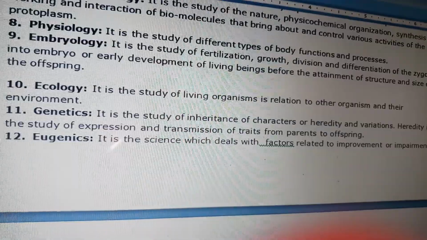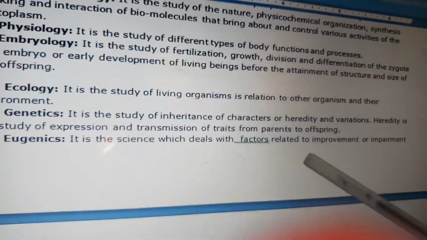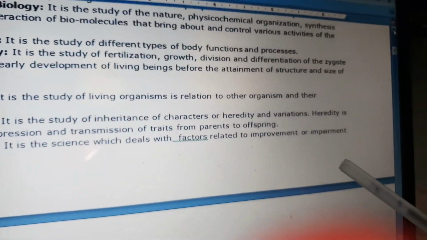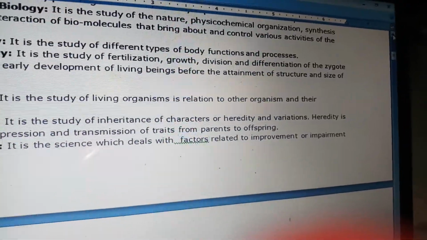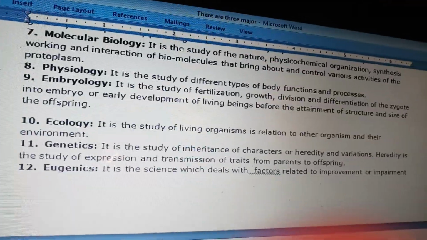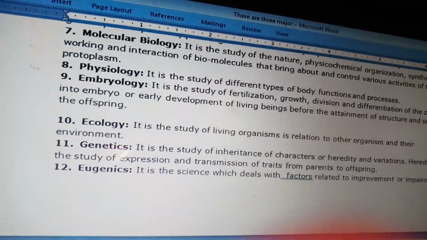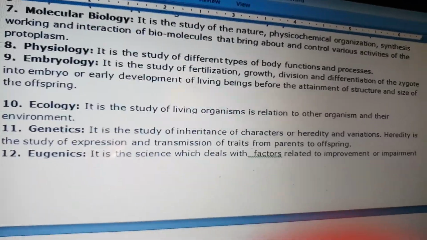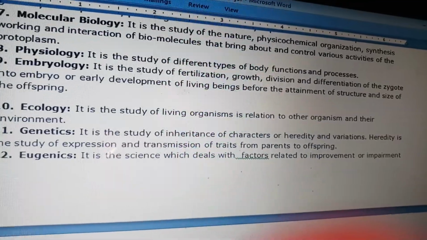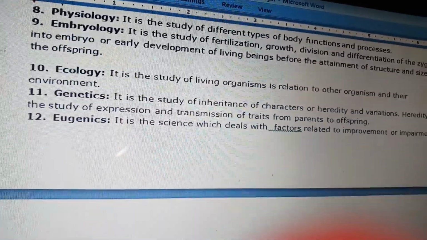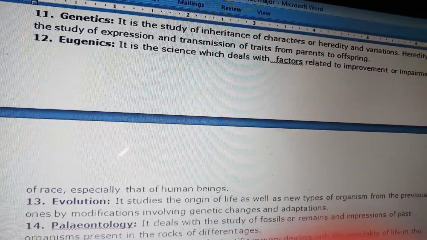Now the next branch of biology is eugenics. Eugenics is one of the important branches of biology. It is the science which deals with the factors related to improvement or impairment of race, especially that of human beings.